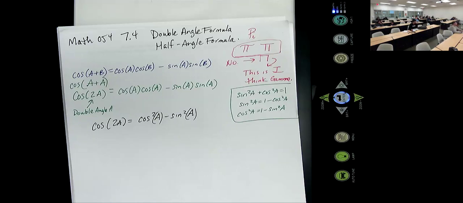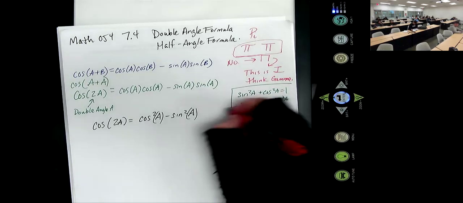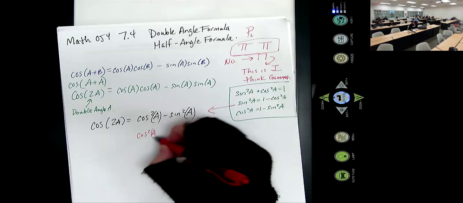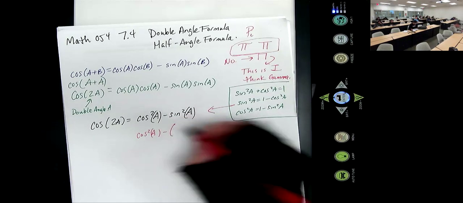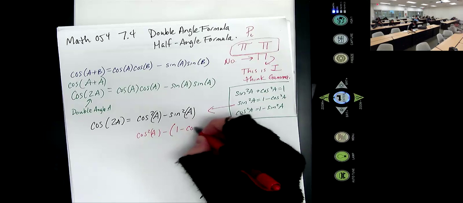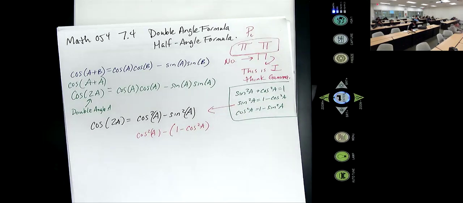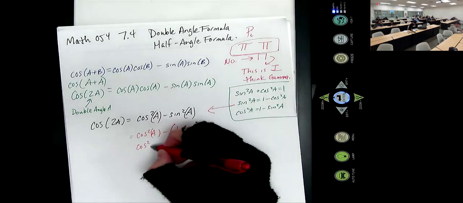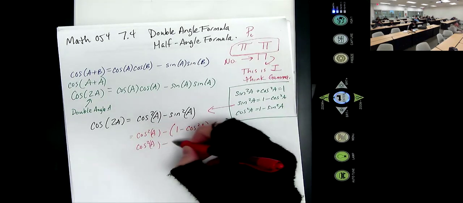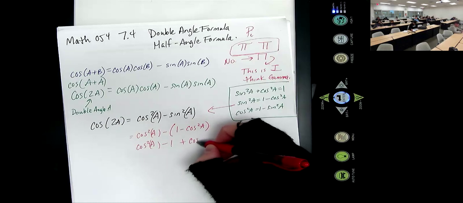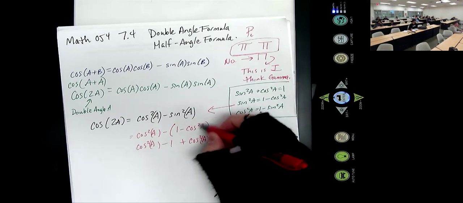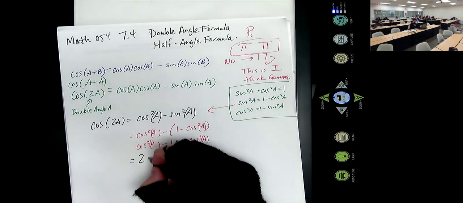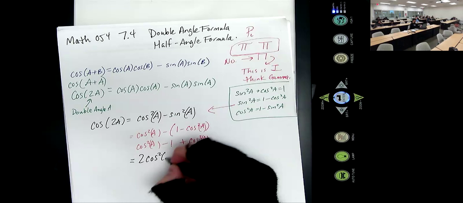But if I substitute this one in, I would get cosine squared A minus, in parentheses, 1 minus cosine squared A. And we'll distribute that sign, minus 1 plus cosine squared A. So the second form of this is 2 cosine squared A minus 1.